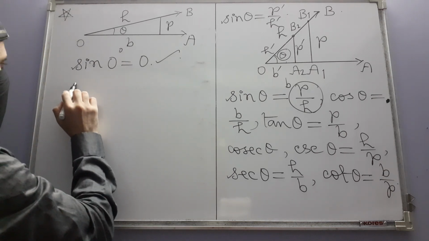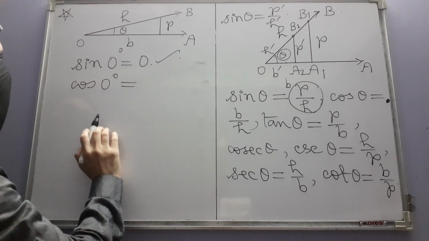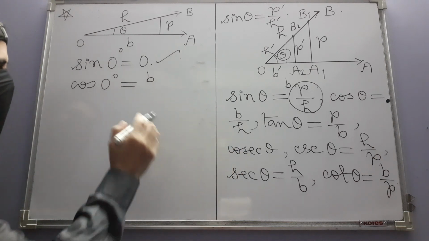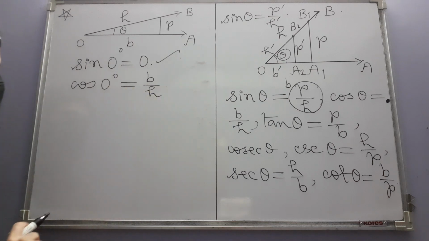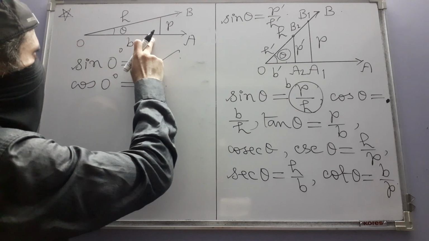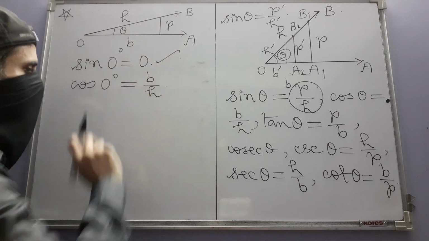Similarly, what about cos 0 degree? Cos theta, just for the sake of understanding, let me write it as B divided by H. Now from here we can clearly see that the hypotenuse length is greater than the base length.